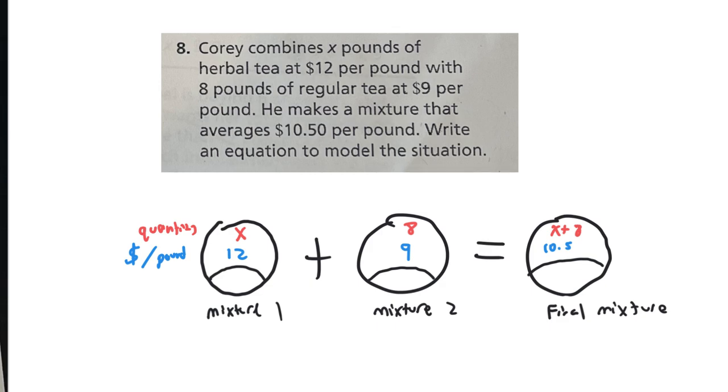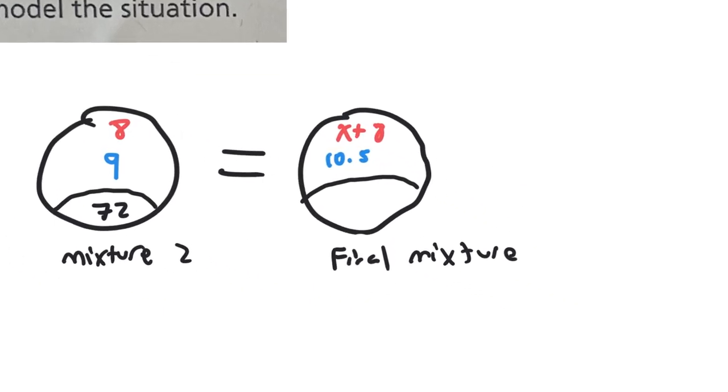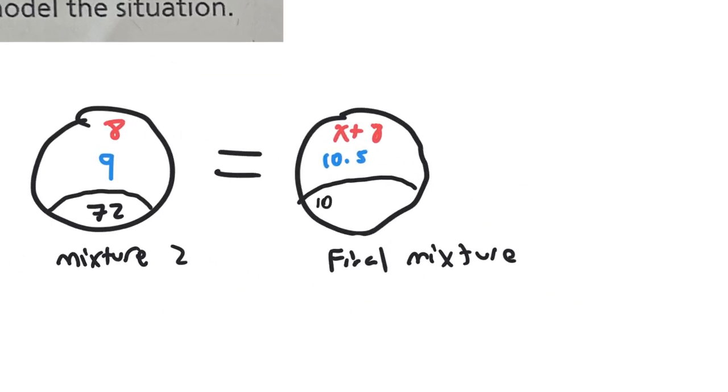This is a good way to do mixture problems. At the bottom, you want to multiply these. So that's going to be 12x, this is going to be 72, and this, interestingly, is going to be 10.5 times x plus 8.